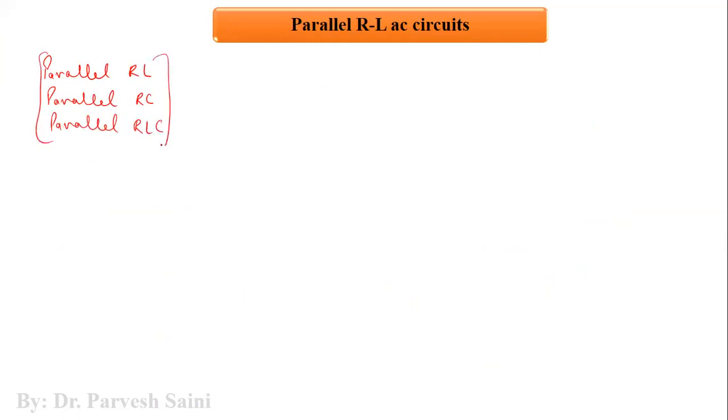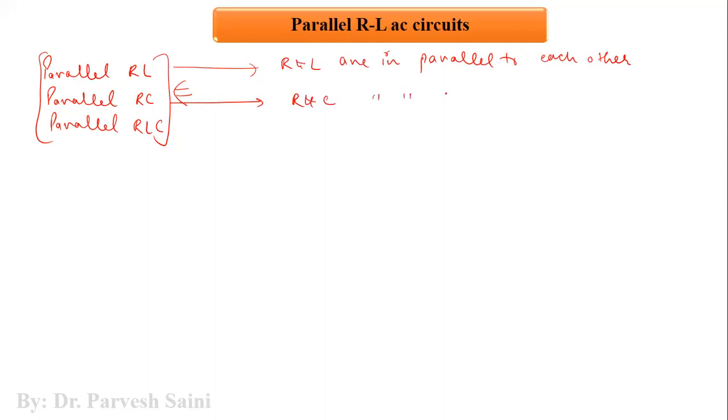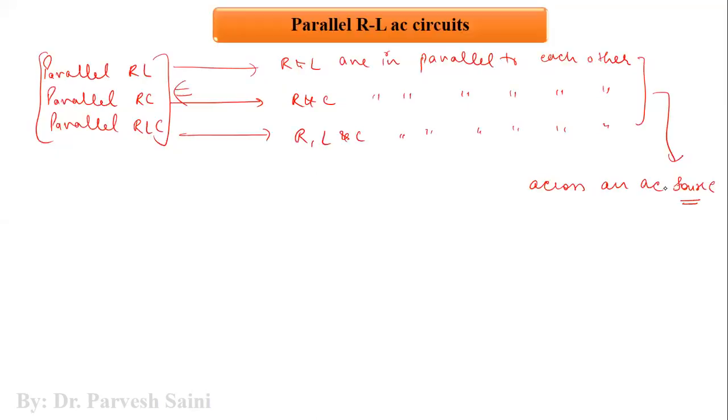As you can make out from the names, here R and L are in parallel to each other, here R and C are in parallel to each other, and here R, L and C are in parallel to each other, and all these are connected across an AC source, right?